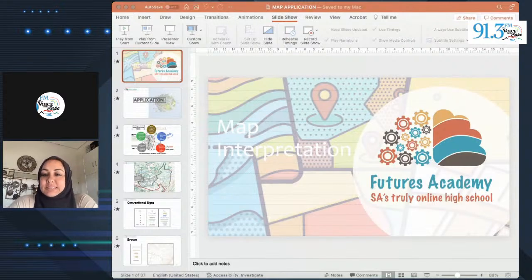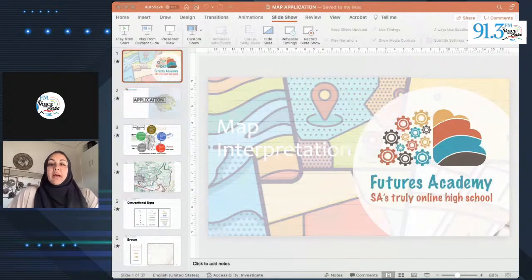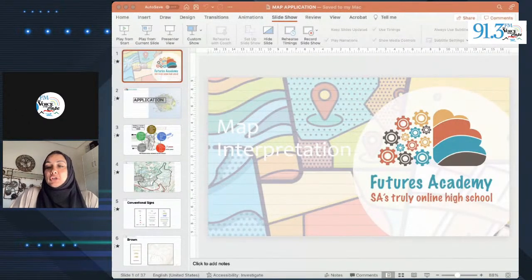Then heights. How are heights represented on a topographical map? The first one and the most obvious one is your contour line. That will tell us immediately how many meters above sea level it is. The second one is your trig beacon. Now, the trig beacon is a little triangle with two numbers.